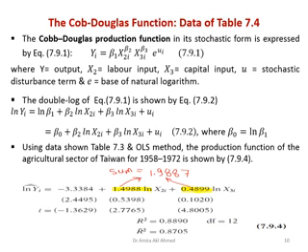Thus, by adding the two output elasticities, we could say that the Taiwanese agriculture sector was characterized by increasing returns to scale over the aforementioned period. The R-square value means that around 89% of the variation in the log of output is explained by the logs of labor and capital.